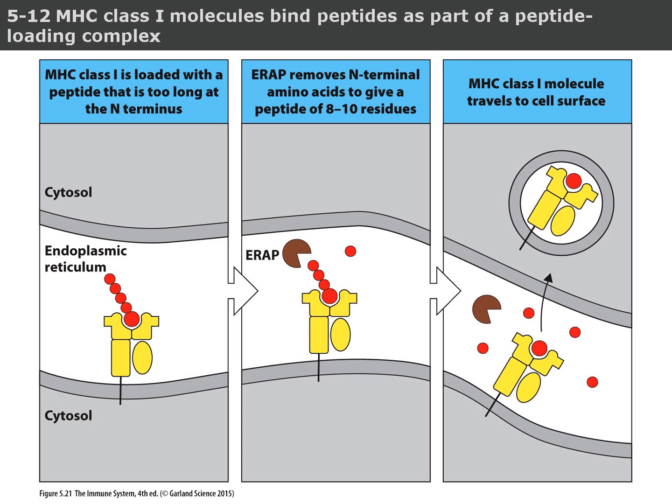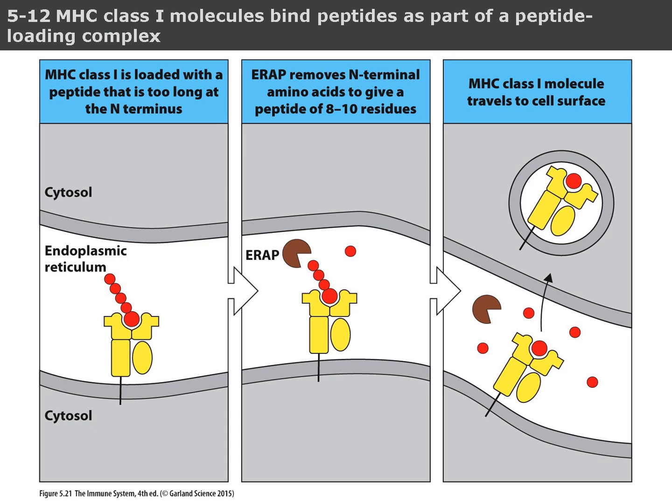This slide explains how peptide length is adjusted during MHC class I loading. In the first panel, a peptide that is too long at the amino terminus binds to the MHC class I molecule inside the endoplasmic reticulum. In the second panel, an enzyme called ERAP, endoplasmic reticulum aminopeptidase, trims the extra amino acids from the N-terminus. This produces a peptide that is the optimal length of 8 to 10 amino acid residues.